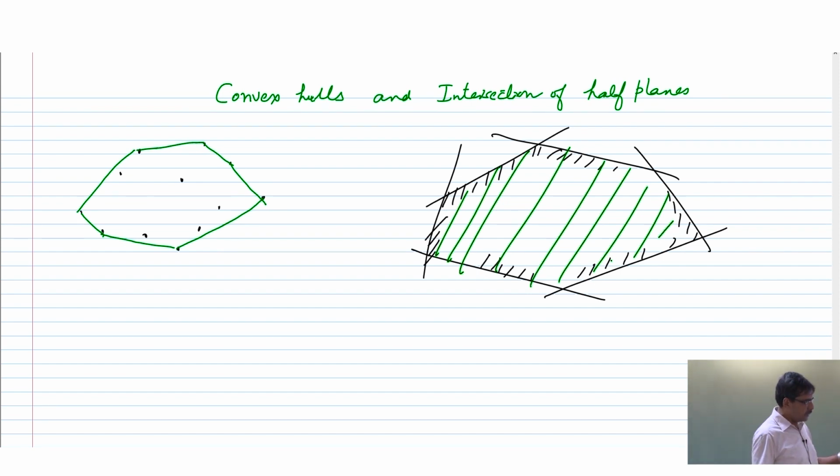Now, both structures have some similarity. Can you tell me what? It is a different kind of problem. One involves a set of points, and the other one involves a set of half planes. But there is some similarity about the final structure. What is the similarity?